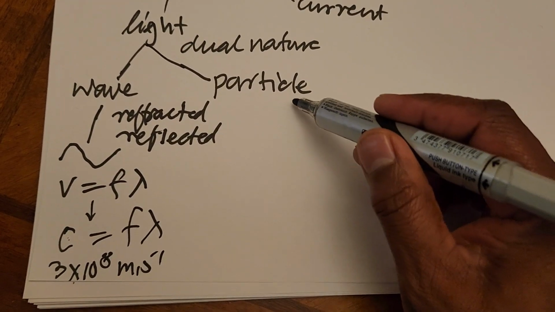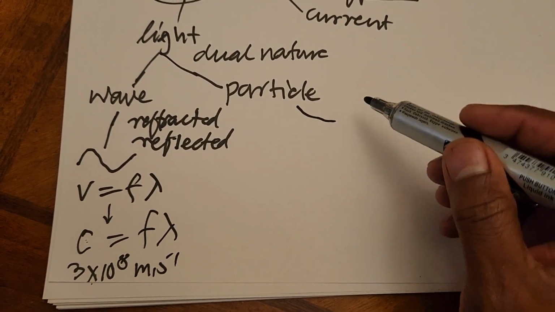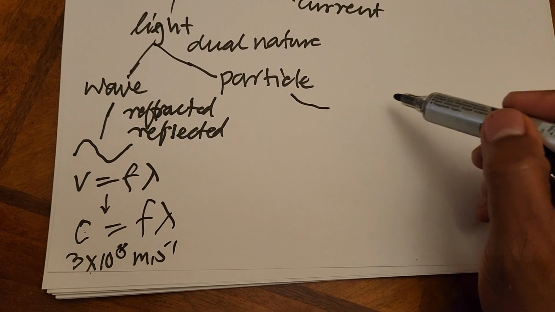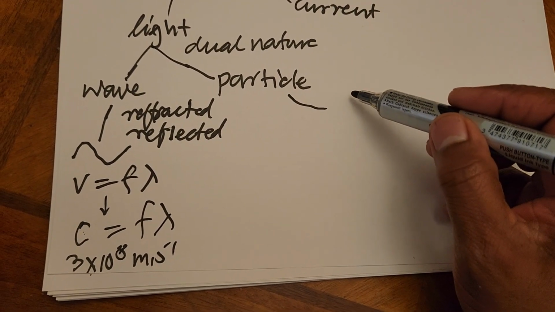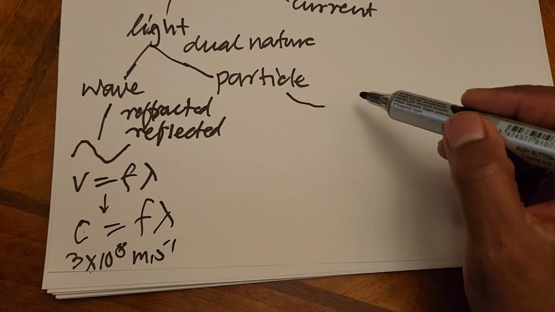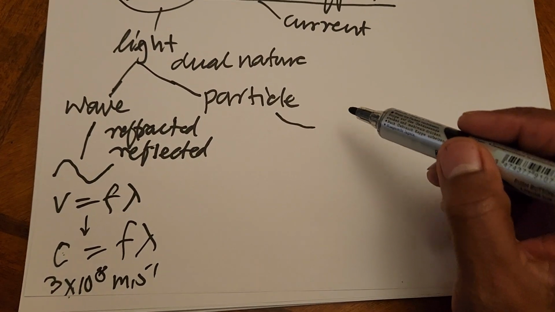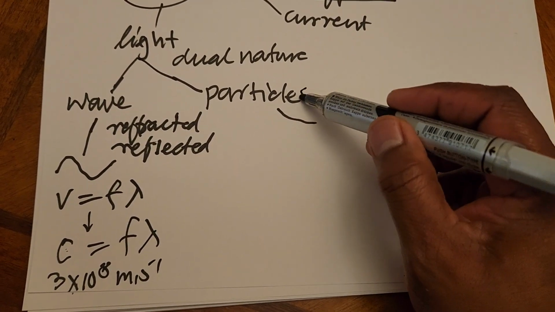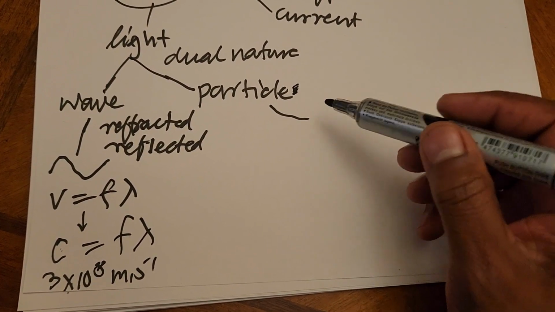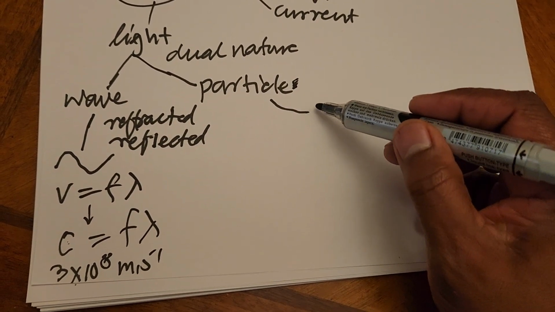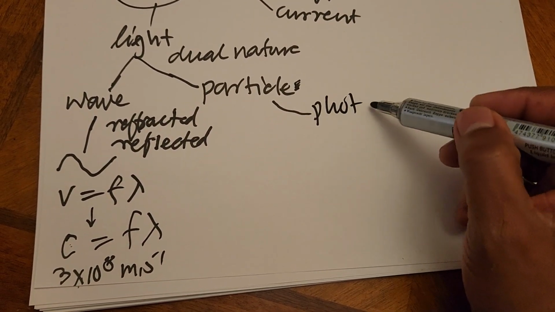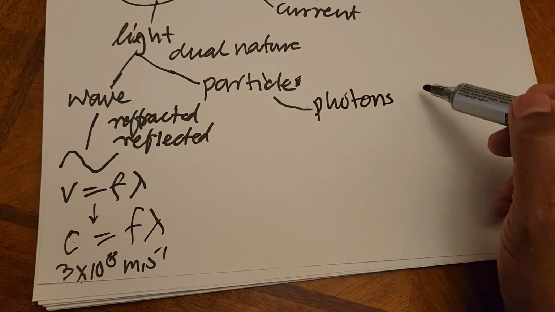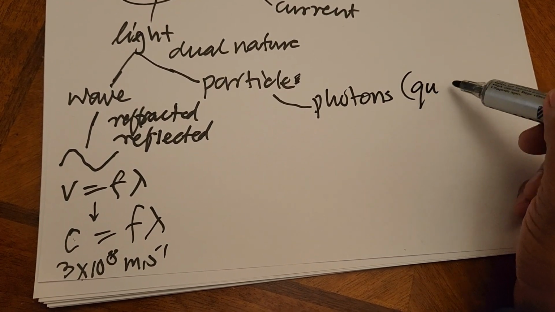In the case of the particle nature of light, we learned in grade 10 that light consists of tiny particles, millions in number, which are called photons or quanta.